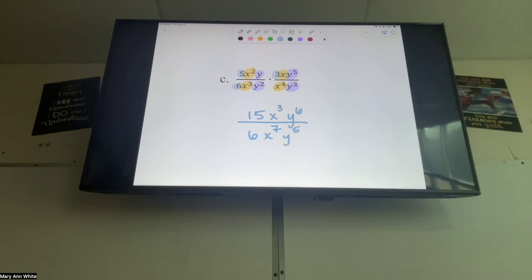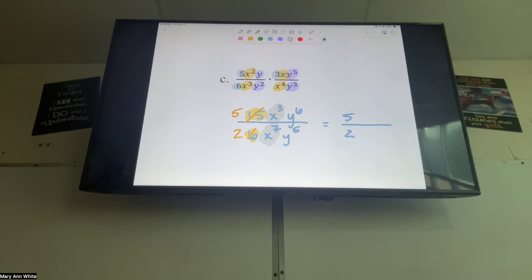Okay, now we're going to have to simplify. Can I simplify anything with 15 and 6? Yep, what can I take out of both of those? A 3, good. So when I take a 3 out, I get 5 and I get 2. So my new answer is going to be 5 over 2. Now I'm going to think about my x's. I've got x to the 3rd and I've got x to the 7th. What am I going to do with those two exponents?